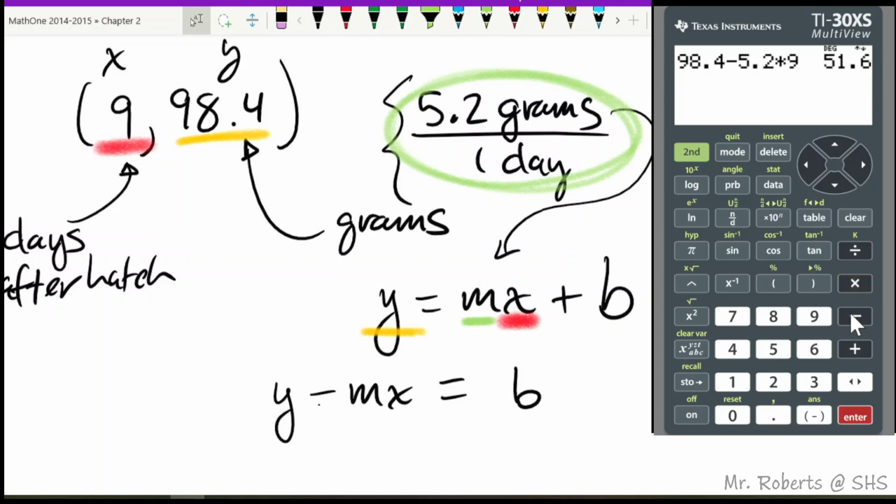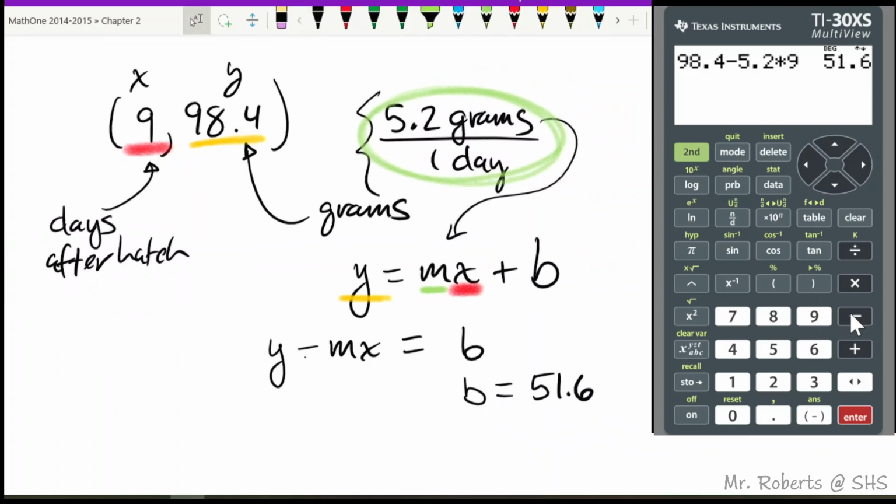So my y value minus my slope times my x value for that particular point gives me that b, my y-intercept, is 51.6. That would be 51.6 grams on day 0.